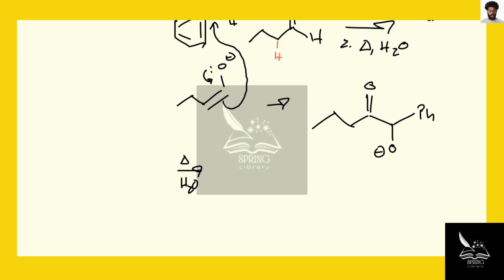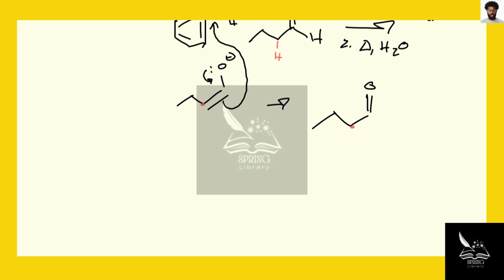Oops, I've done something wrong here. Take a step back. I've added to the wrong side. Sorry. Our new bond is going to be formed to this carbon here, which I'm marking in red.